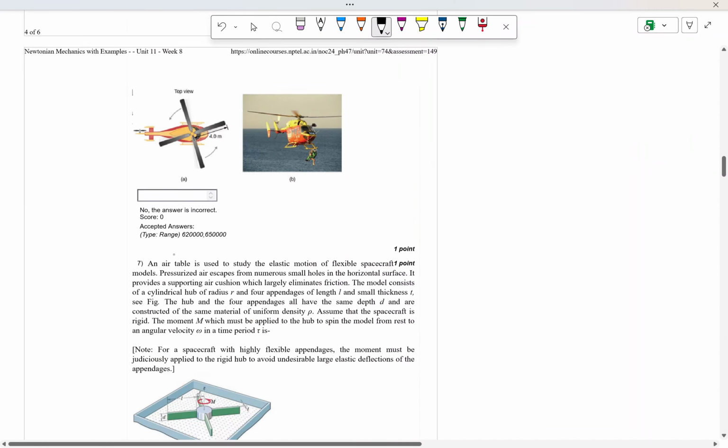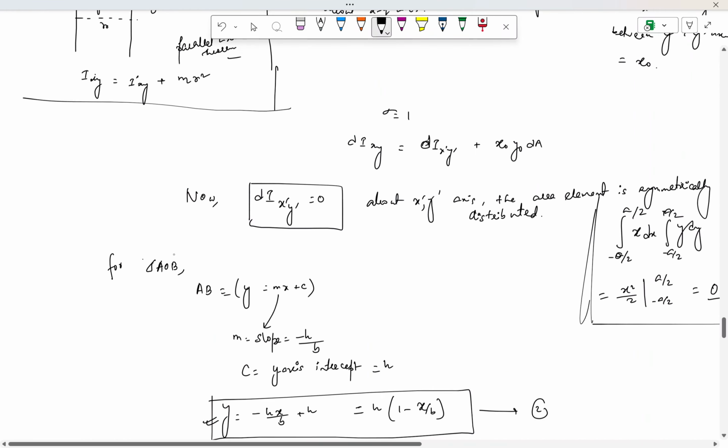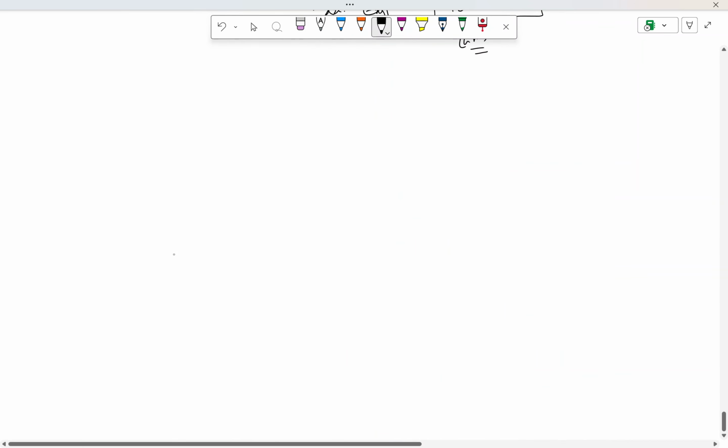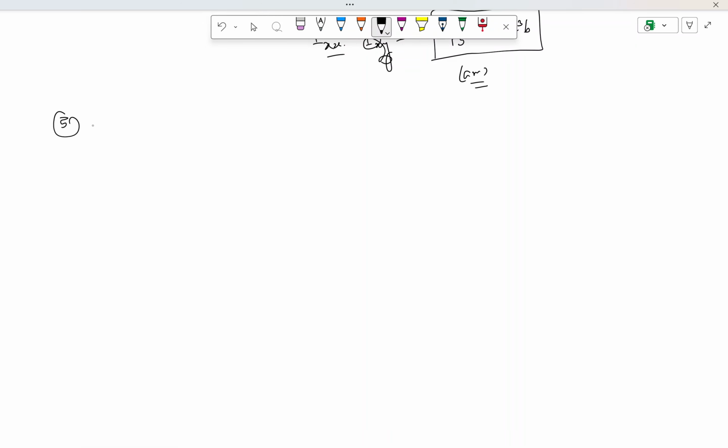So let us go onto a page. For simplicity of dealing with the problem, we first deal with only 2 masses at a time. If this is your axis, let's say this is your center of mass. With respect to this, your A point is sitting here, and the B point is sitting there.